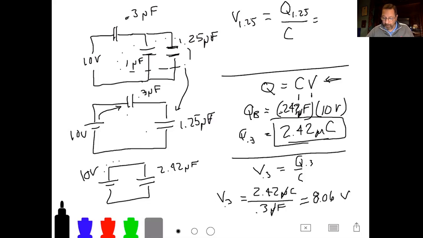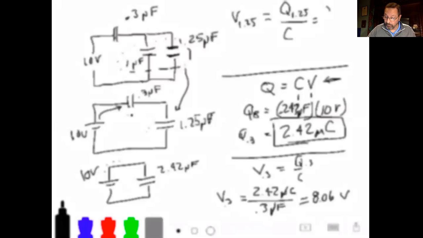But let's see, they're in series, aren't they? And we said there was 2.42 microcoulombs on the 0.3. That means there's also 2.42 microcoulombs on the 1.25 microfarad capacitor.